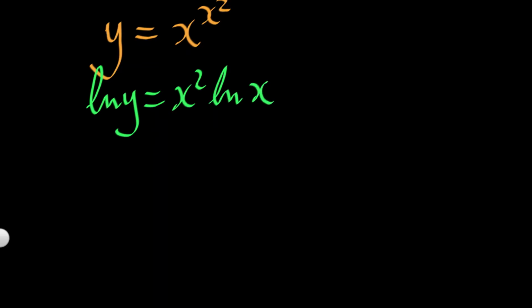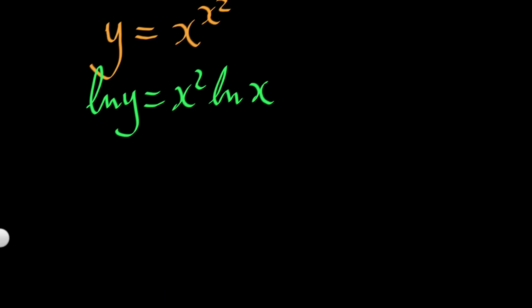Let us go straight to how we work out this question. I'm going to take logarithms both sides. So it's ln y equals x squared ln of x. I'm simply applying this rule quite fast. I think by now you can see the drill, how we do this.